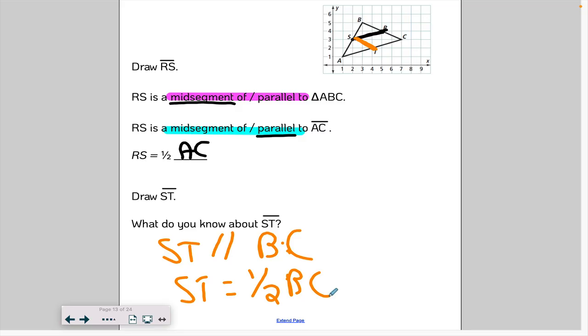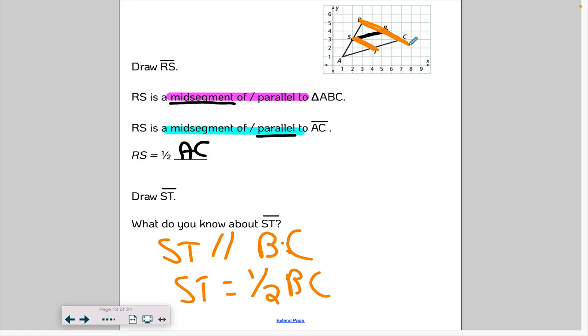I would make you prove it with the distance formula, but it's a little bit too much for today. My only comment before I have you try a whole bunch of questions: I find it helpful to do a little bit of outlining. So if I think ST is my mid-segment, I like to do this just to know who's parallel and who's half of what.